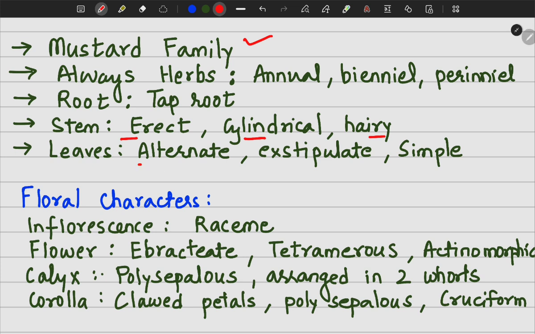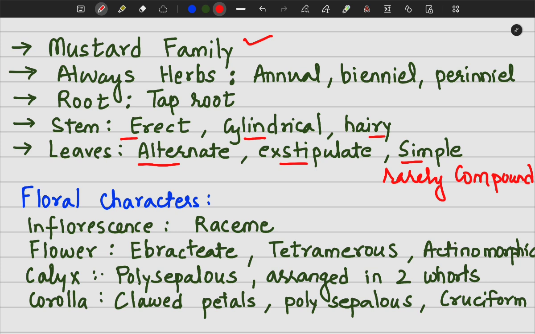Then the leaves show alternate phyllotaxy, which we studied earlier. They are exstipulate, meaning the stipules are absent, and the leaves are simple, rarely compound. In the types of leaf, we studied simple and compound leaves. The leaves of mustard family are mostly simple, and in very rare cases you will find compound leaves.